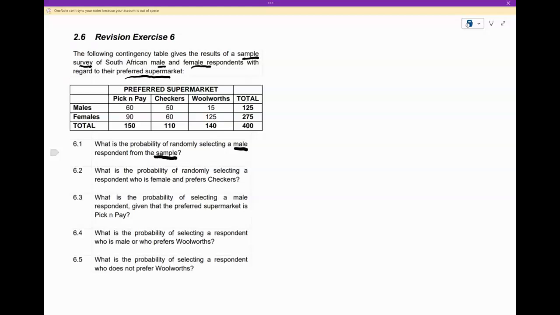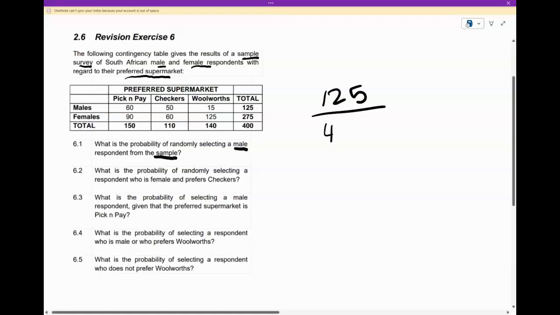Here they just want male respondents, so you have to add up the male respondents and put it over what? Over 400, because that's the total number of people in this sample. Then they go on to ask us the next question.